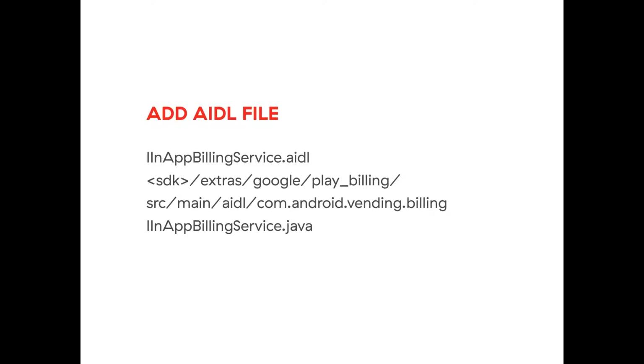Once you've done that, in your directory, SDK extras Google Play billing, you will find this file. You need to put it in a special place in your project, and this is the directory and the package name where you need to copy it. Once you move that file into your project, you can build it, and that will generate this Java class, which will be used to form a connection with your Google Play application.